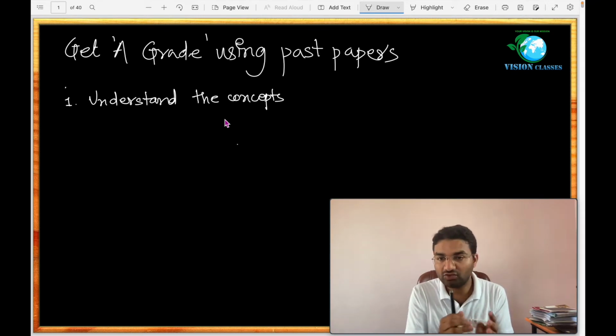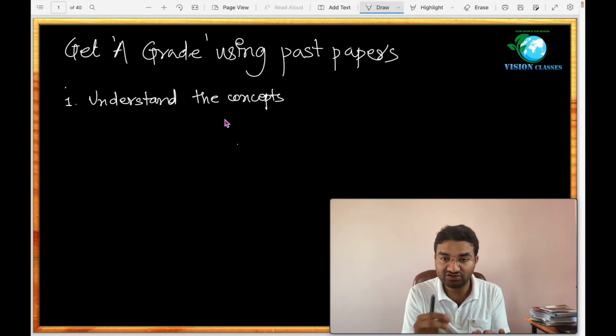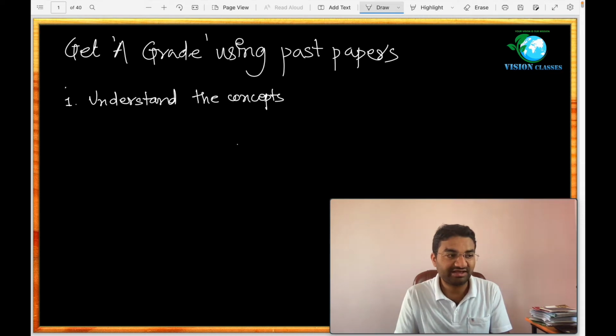If you pick any subject, let's say maths, you have to have a better understanding of algebra, trigonometry, differentiation, integration, those topics. Simple concepts must be known to you. Take, let's say, differentiation: what's a stationary point? Those concepts are there in differentiation, so here you have to have a better understanding of these concepts.